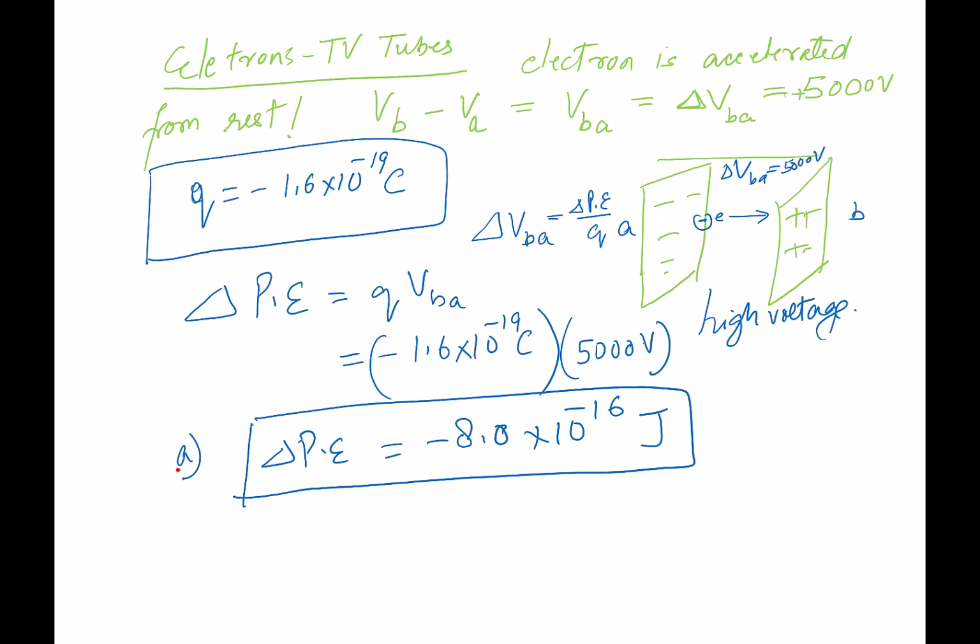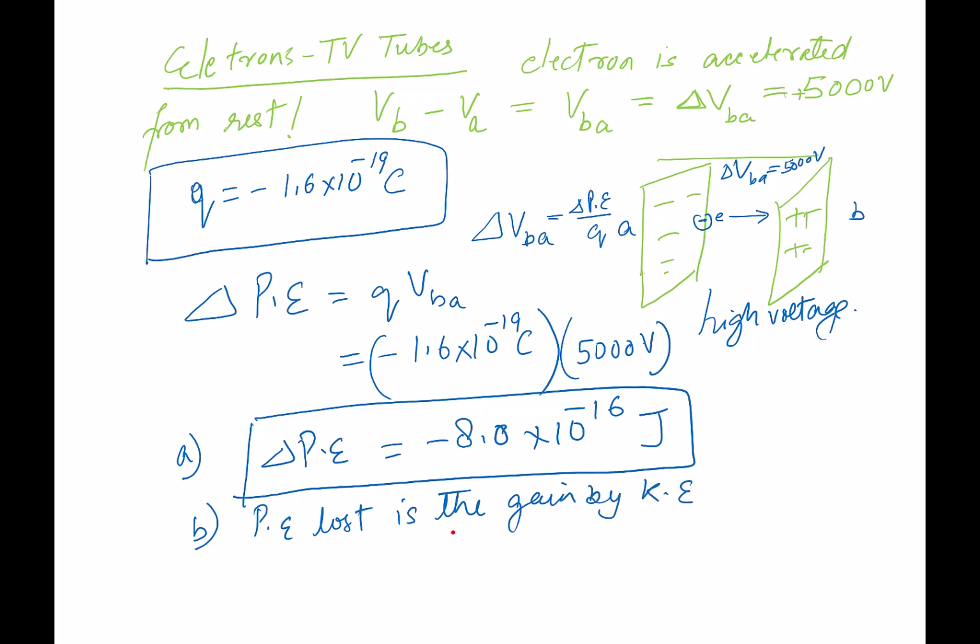What if I wanted to find the kinetic energy? Instead of finding the change in potential energy, what if I wanted to find out the change in kinetic energy? The potential energy lost by the electron, PE lost, is the gain by KE.